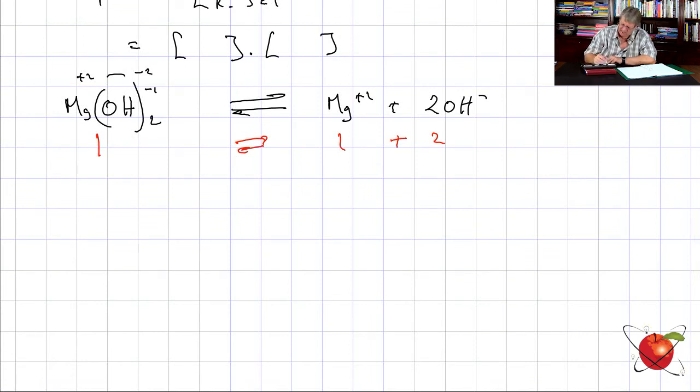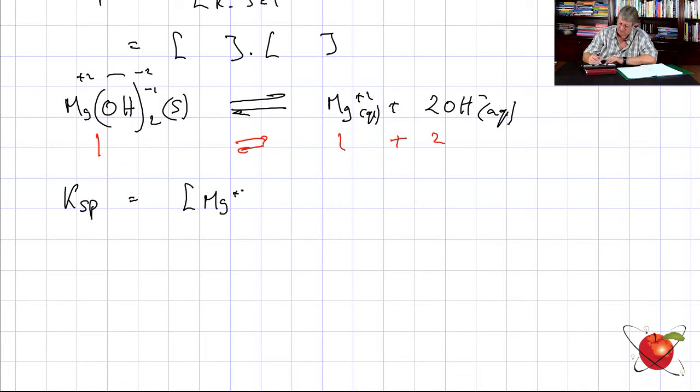We're going to get Ksp, because this is a solid. This here is aqueous, and that is aqueous. Aqueous means ion in water, right? Ksp, the solubility product of this, is going to be equal to the concentration of the Mg2+ ions multiplied by the OH- concentration to the power of 2.